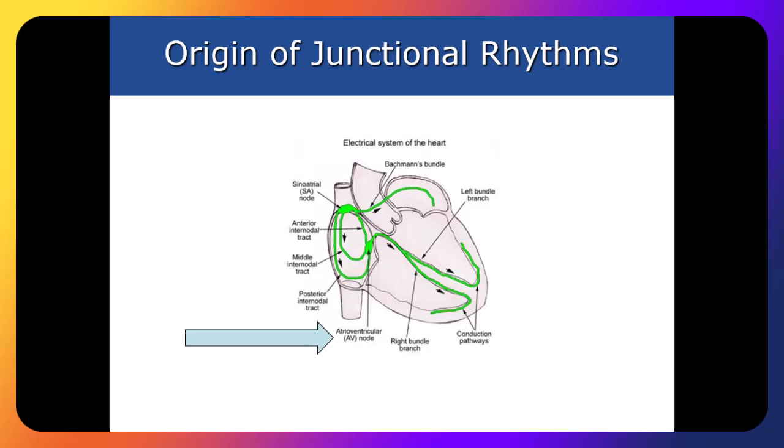The other thing is junctional rhythms can be slow. If they're down on the slower end of 40 and your patient's a big person who needs that heart rate higher, we begin to run into issues where junctional rhythms can be a big problem.